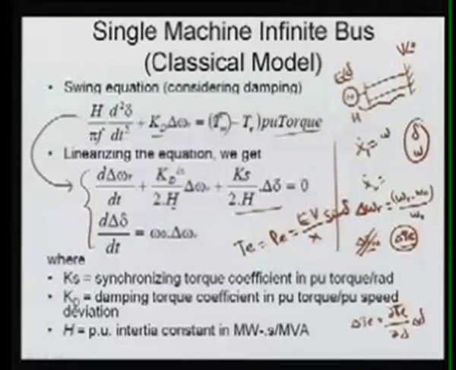So if you are differentiating this term with reference to delta, I'll show you here. The change in Te will be, I differentiate this P with reference to delta, and then it is times the change in delta. So what is happening, you get E V by X cos delta, times the change in delta.